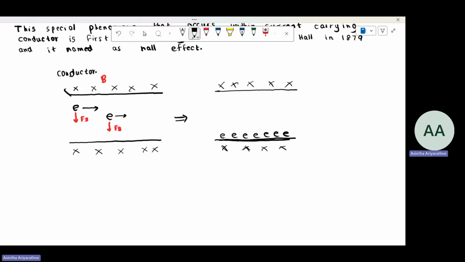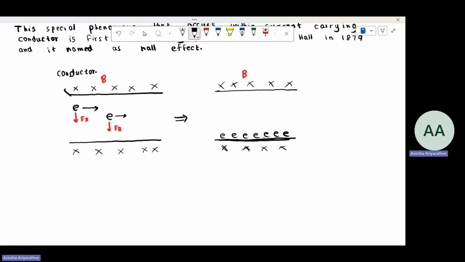Due to that, the bottom of the conductor is now negatively charged.